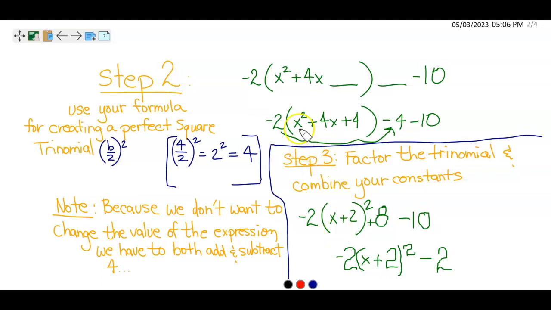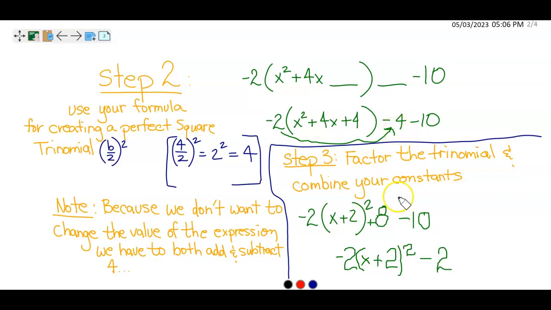So the square root of this term is x, the square root of this term is 2, and b shows us the way. As usual, the sign of b is the sign of the two binomials. In this case, it's positive. So therefore, this binomial is positive.